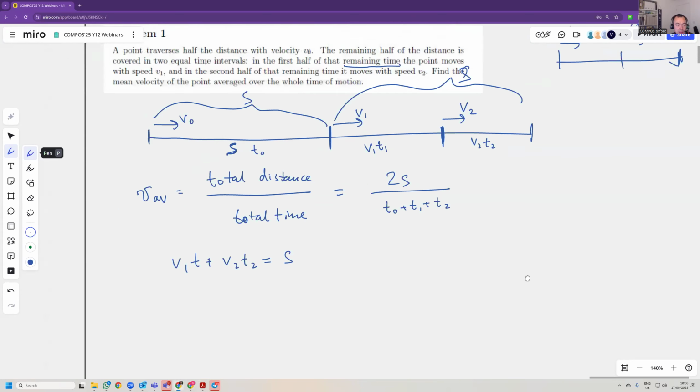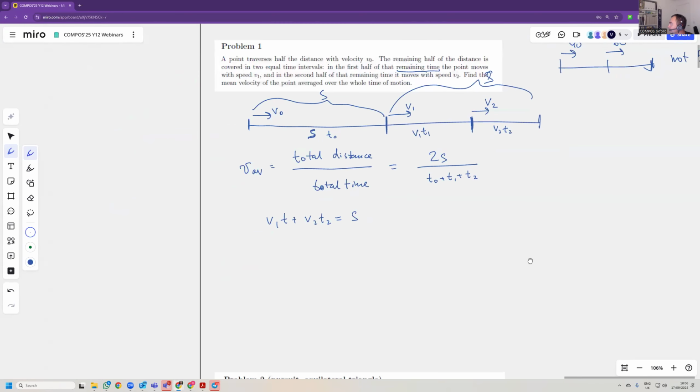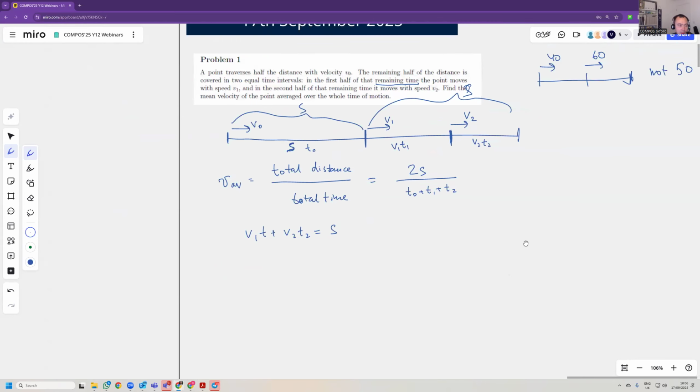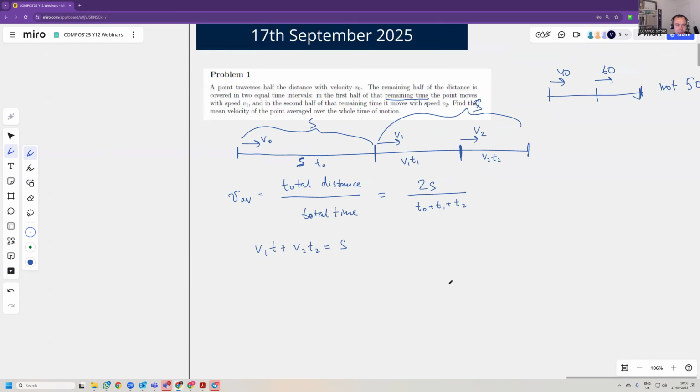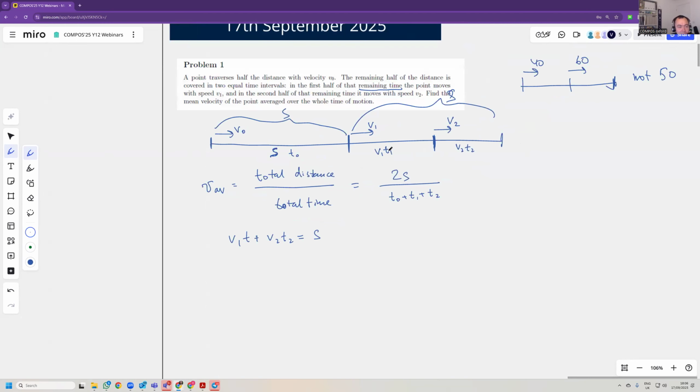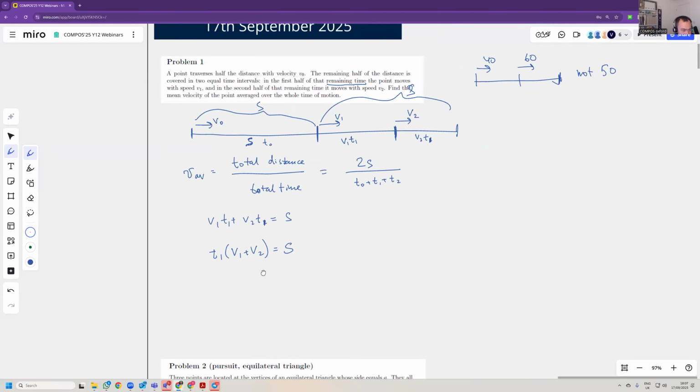Okay. We can start working with the time. We know that the time is the same. Sorry, I'm being silly. T1 is the same as T2, so it's T1. V1 T1 plus V2 T1. Therefore, we can work out that T1, open bracket V1 plus V2, is equal to S, and S is half the distance.